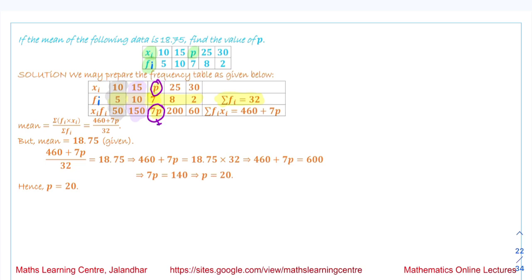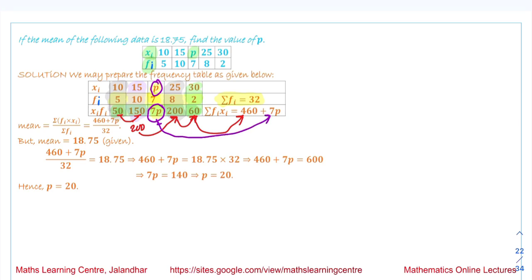Next value we have, it is 25 into 8 is 200, and this value we have, it is 30 into 2 is 60. Now when we add these values, we are having 50 plus 150. Sum of these two we get, it is 200. 200 plus 200 is 400. 400 plus 60 is 460, and this 7P is here.